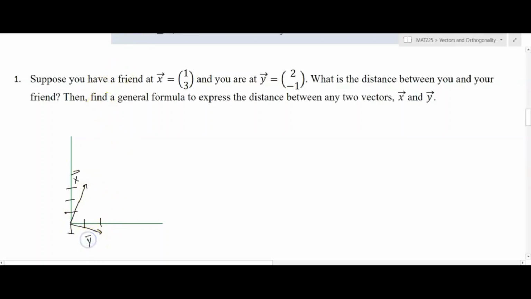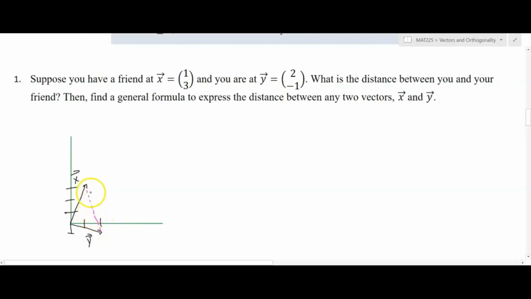So in order to do that, we need to think about the distance between them as the distance between the two tips right here. And because this location right here is 1, 3, and this location here is 2, negative 1, we can still form a right triangle out of this.